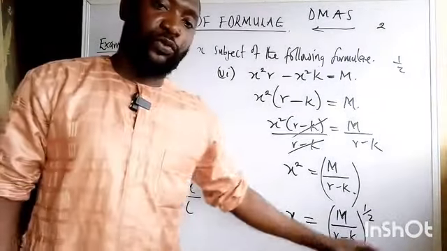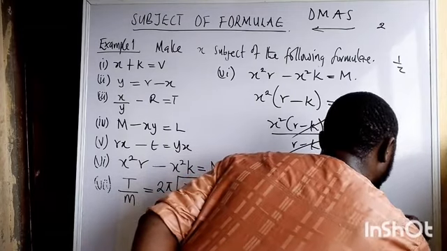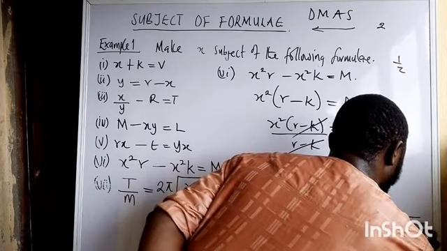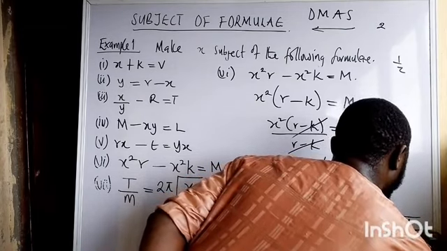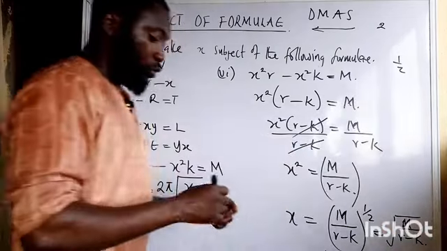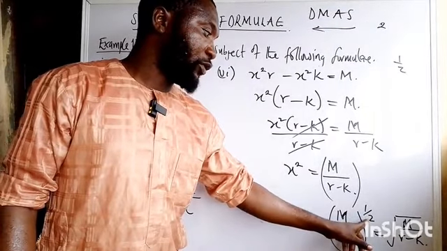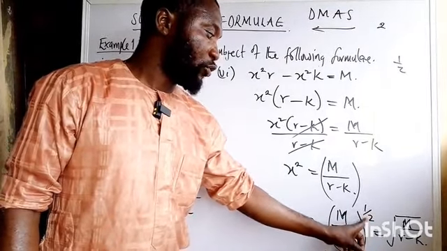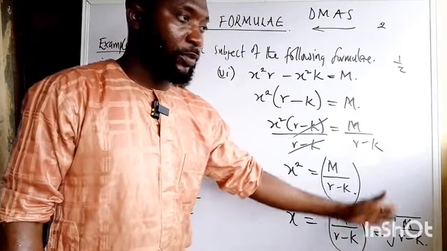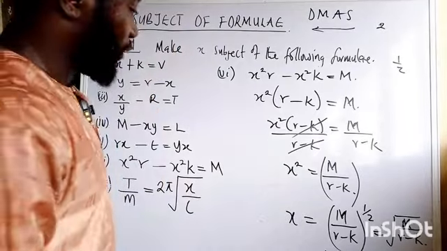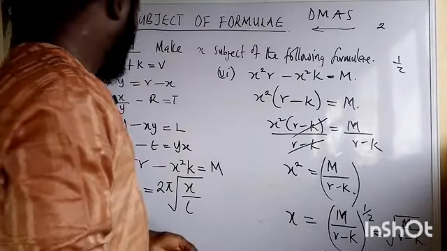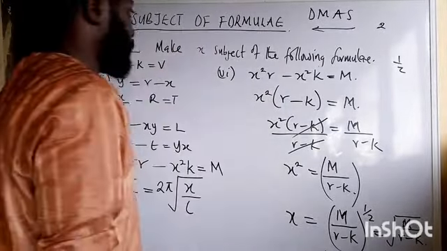So this 1 over 2 is the same as the square root of m divided by r minus k. When it is 1 over 2, that is square root. When it is 1 over 3, that is cube root, and in that order.